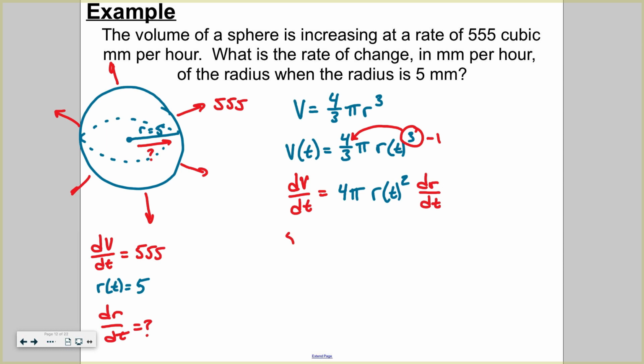We're going to have 555 is equal to 4 pi times 5 squared, and then times dr over dt. Now we just need to simplify and solve for dr over dt. So we're going to have 555 is equal to 100 pi times dr over dt.